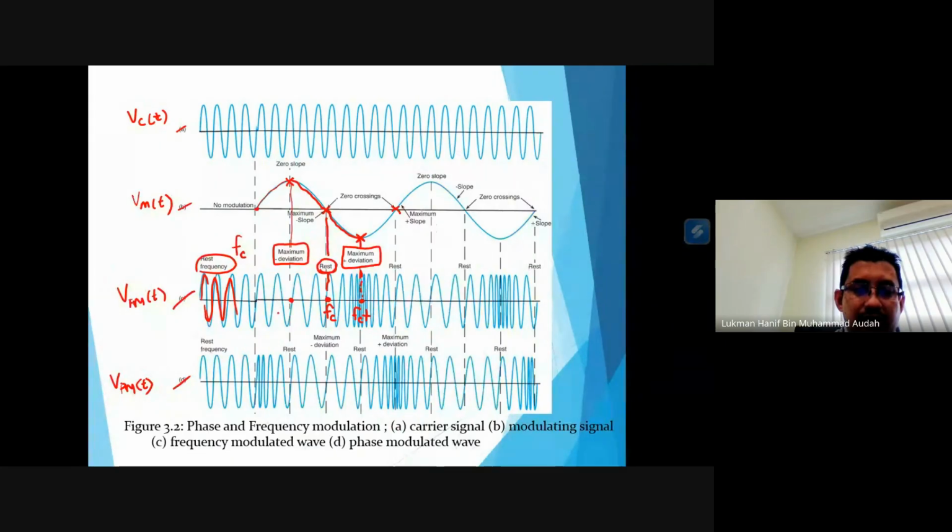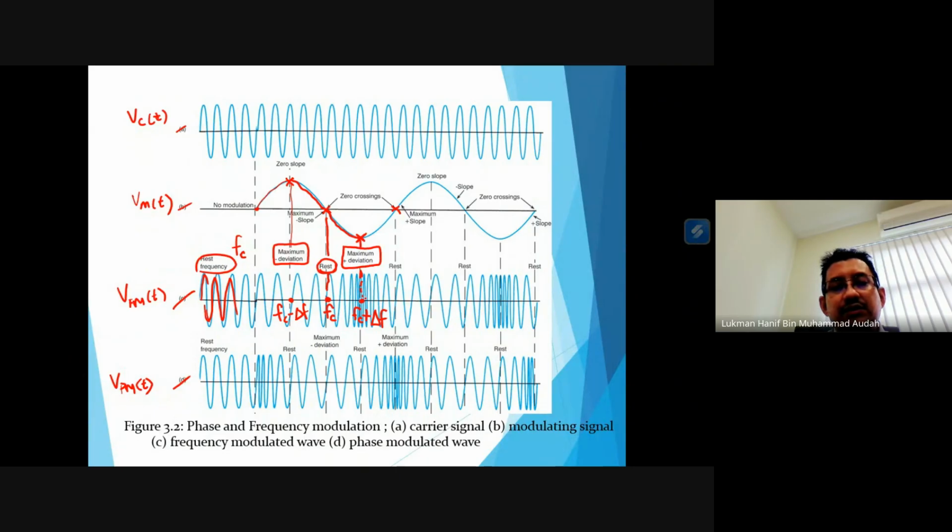So this is Fc minus delta F, and this is Fc plus delta F. We don't know how much delta F is. It depends on the parameter given in the question.